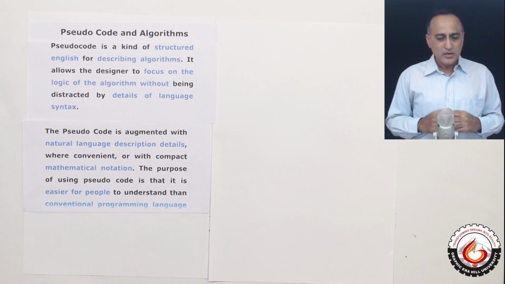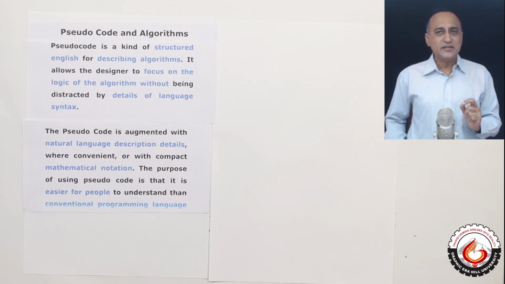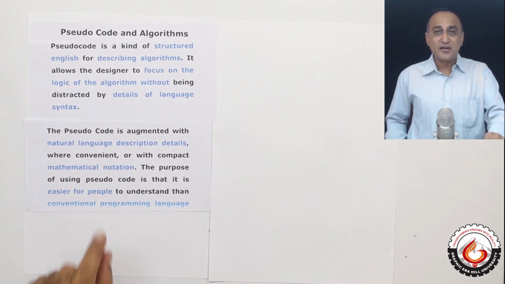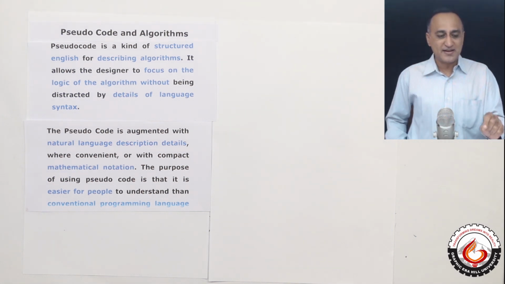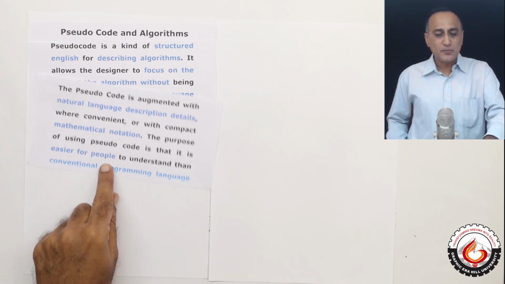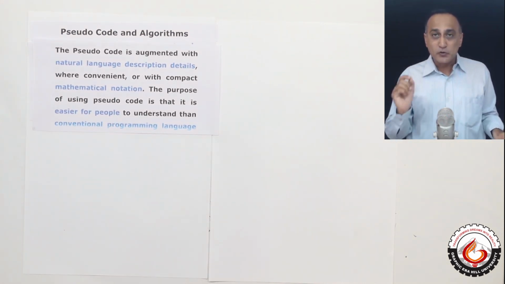Now, the reason why pseudocode is written is to make the logic easier for a person to understand, a non-technical person, any human being, rather than a normal programming language. In a normal programming language, the focus is on the computer understanding.